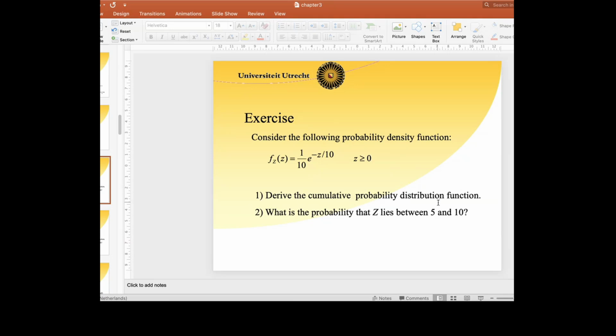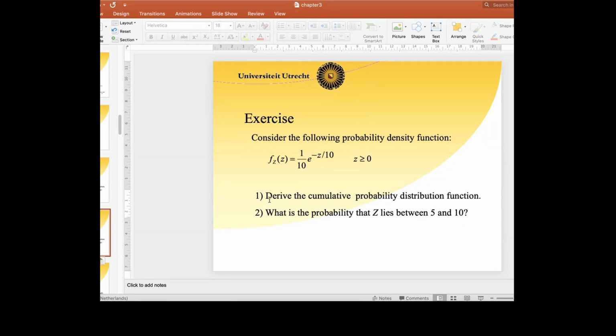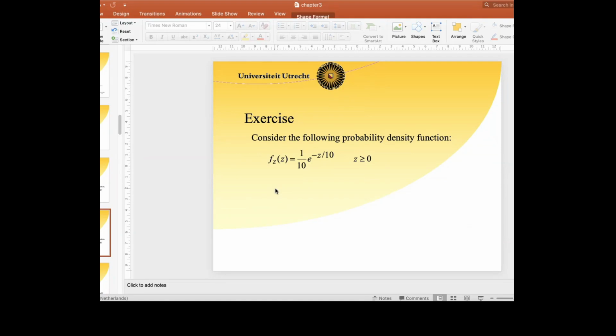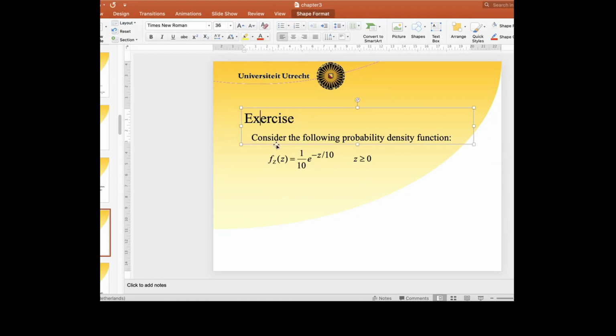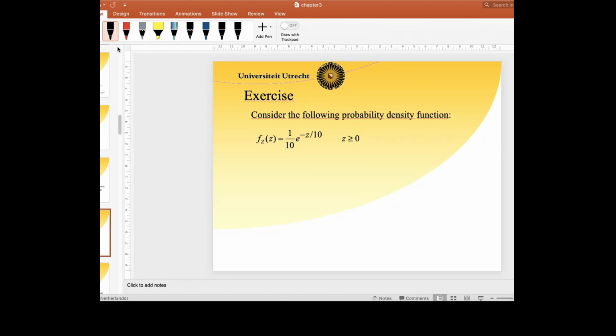Derive the cumulative probability distribution, the CPDF, from this one. Now, let's do that.